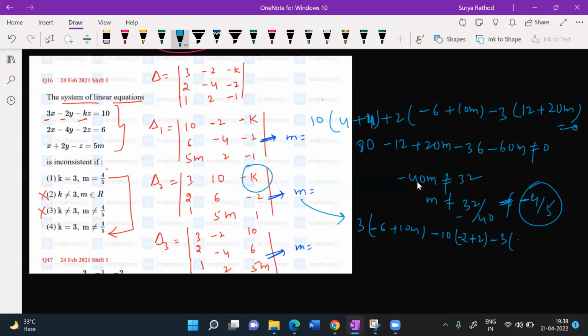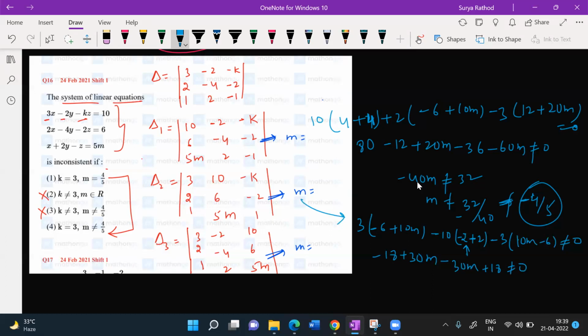And minus 3, so 10m minus 6 is not equal to 0. What are you left with now? Minus 18 plus 30m plus 20, so 0. So minus 30m plus 18 is not equal to 0.